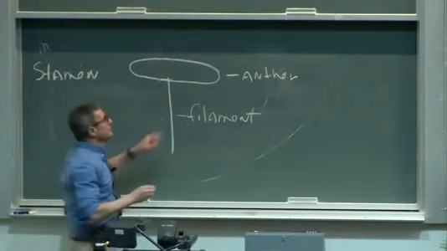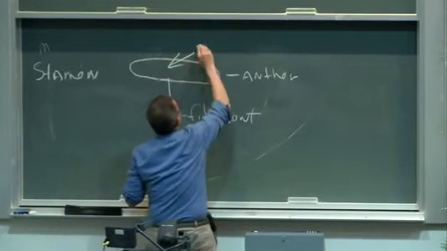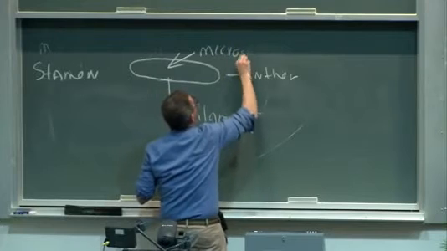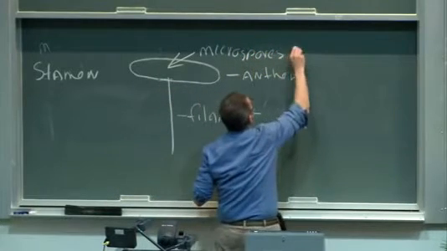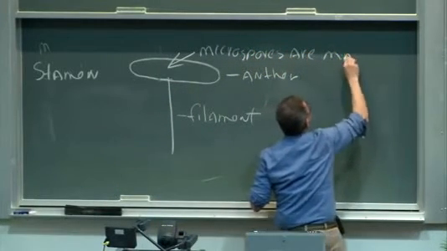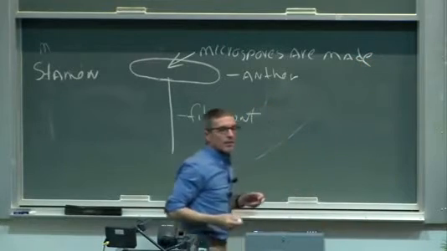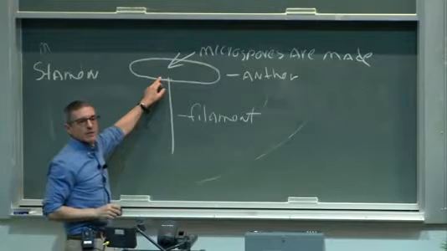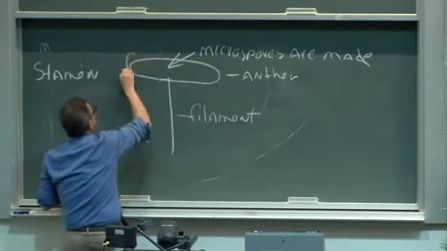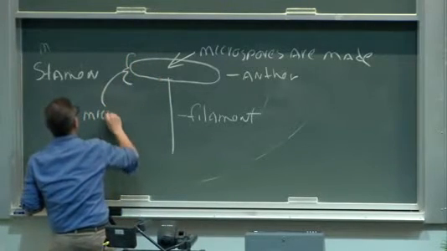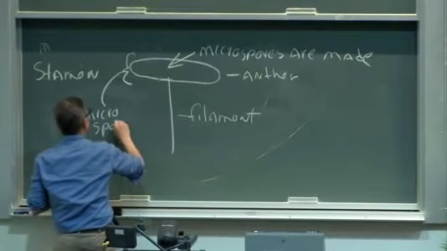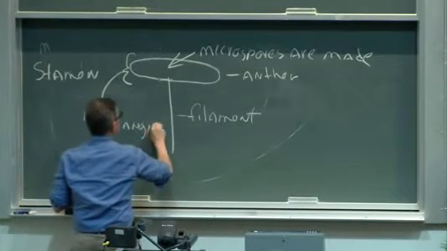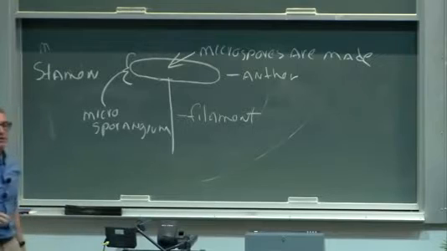Inside the anther, microspores are made. That is, if spores are made inside of this structure, the anther is a microsporangium. Just building on what you had before. Nothing is new.